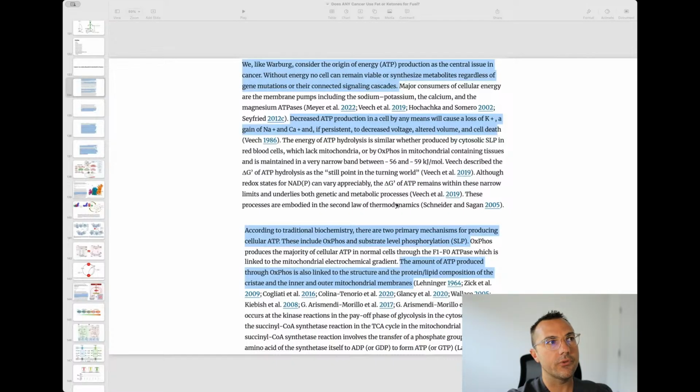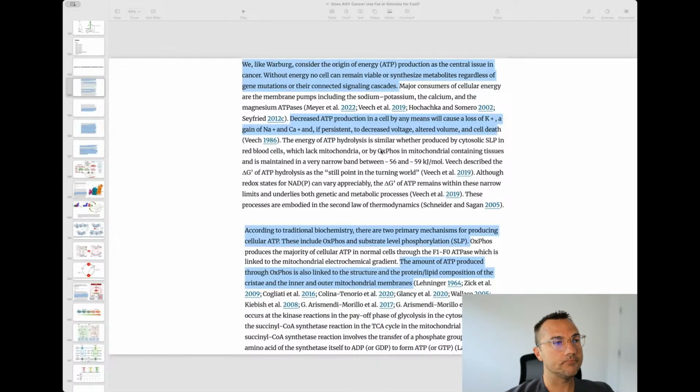If there's no workers, it doesn't matter how much money is spent or how much influence you try to put on the house building company. If there's no workers, that's not going to get done. And that's the central argument that Warburg before him and Seyfried is trying to make. And I think it's an excellent argument, because ultimately everything that's alive requires energy. And if you don't have that, then it doesn't matter what else is going on around it.